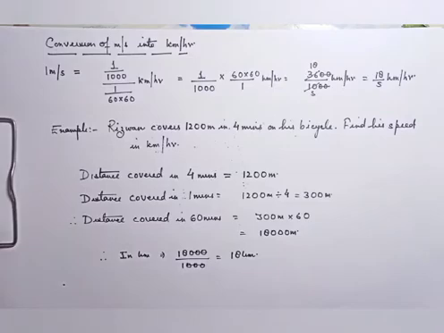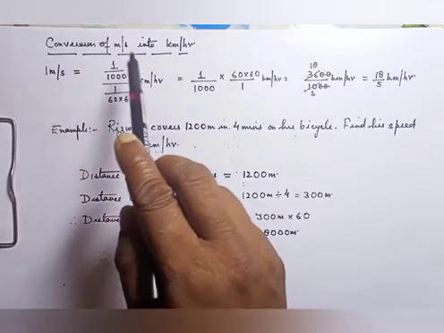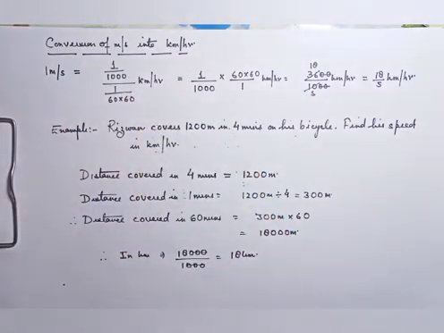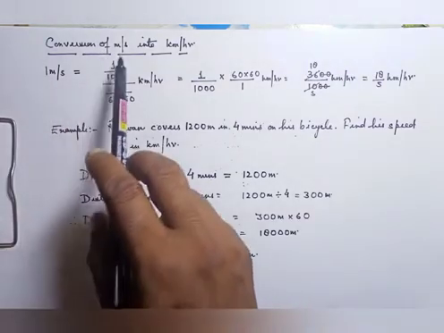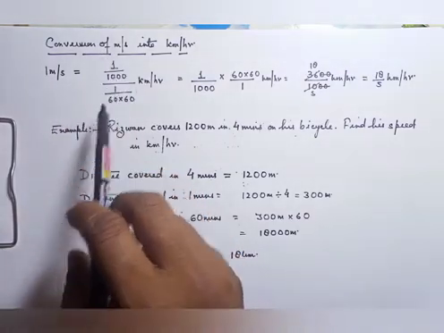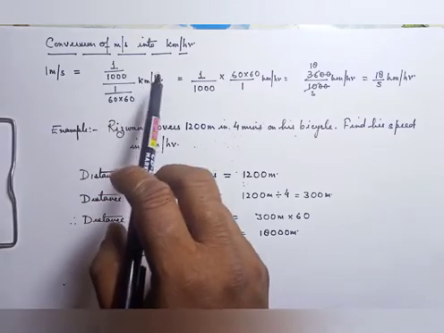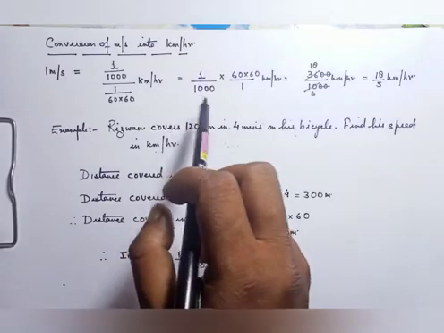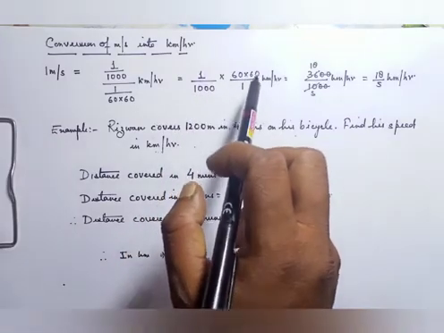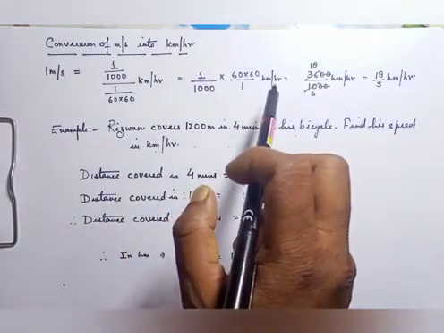Let us move to another conversion, that is conversion of meter per second into kilometer per hour. So 1 meter per second can be expressed as 1 upon 1000 divided by 1 upon 60 into 60 kilometer per hour. So it can be expressed as 1 upon 1000 into 60 upon 1 kilometer per hour.